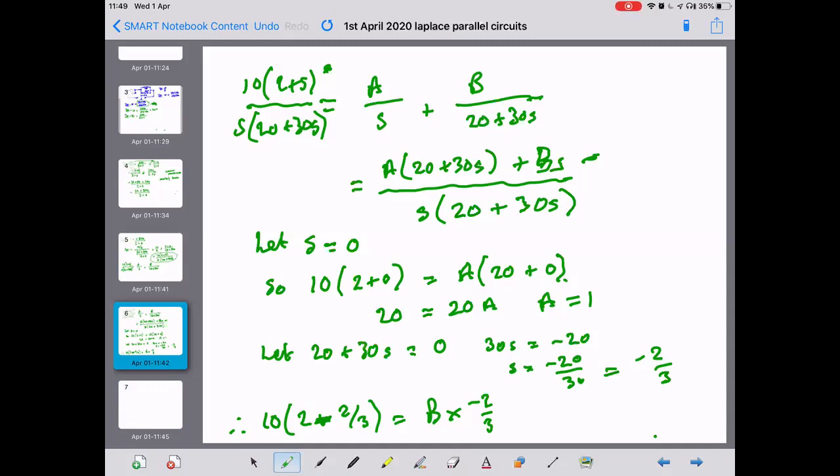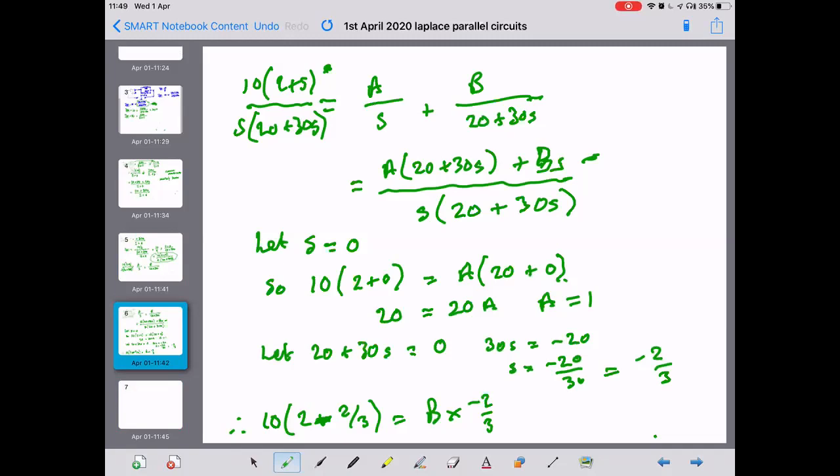You should get B is equal to minus 20, because you're going to divide that.